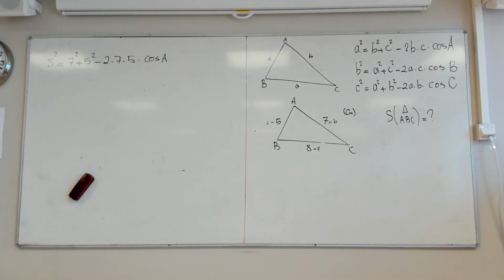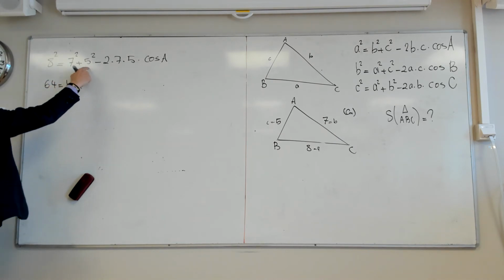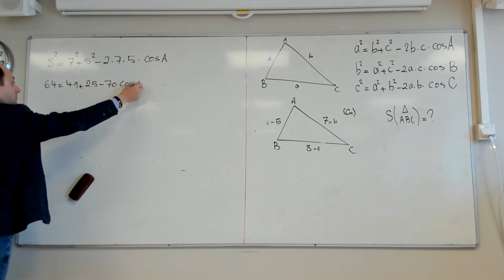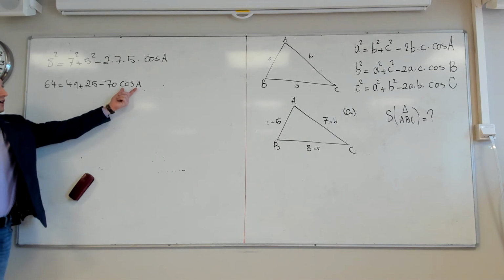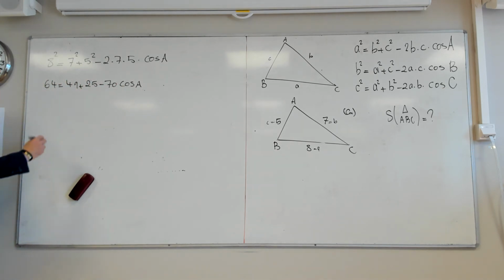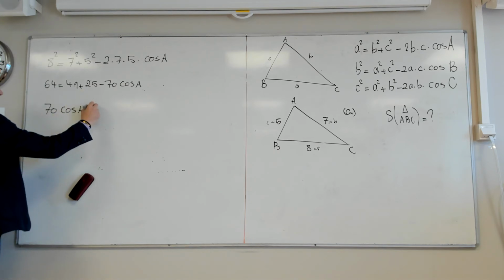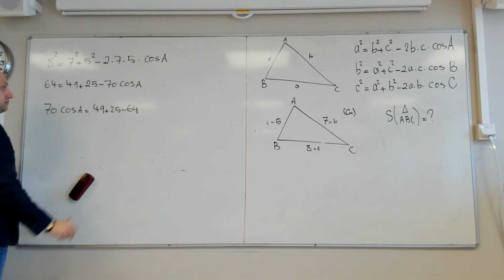Yes? It's very simple now. 8 to power 2 is 64, 7 to power 2 is 49, and this is 25, and this is minus 70 cosine A. My missing piece is cosine, so let me move this to the right. It becomes positive 70 cosine A. And then here I have 49 plus 25 minus 64.